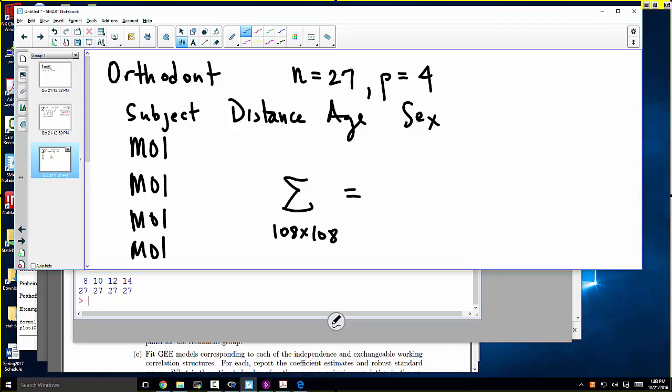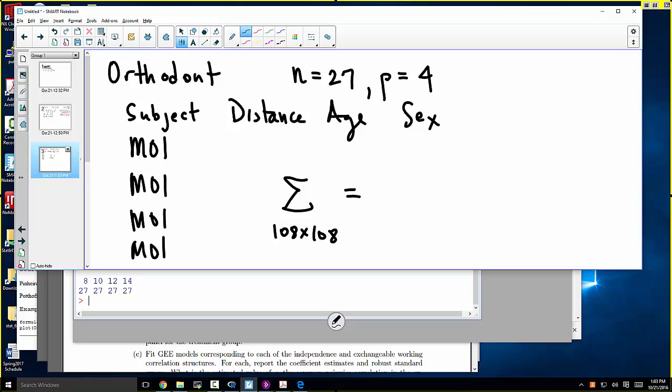But it has what you could call a sparse representation because a lot of the entries in here are 0. Repeated measurements on the same individual we're going to allow to be correlated, but we're still treating our individuals themselves as being independent of each other. So M01 is assumed to be independent from M02 and every other individual. It's within that we have correlation.